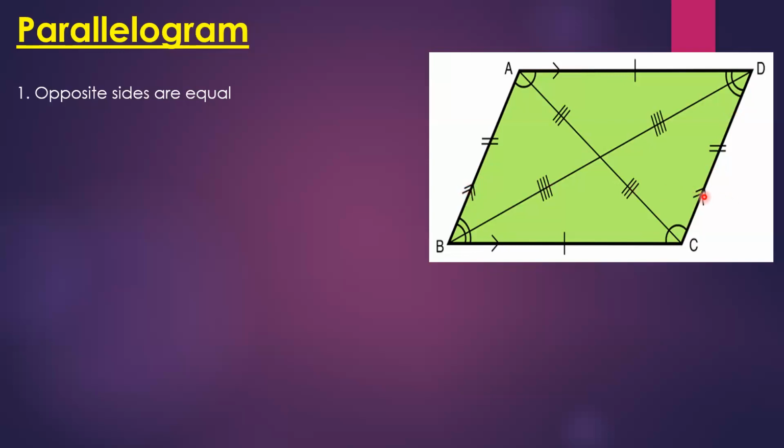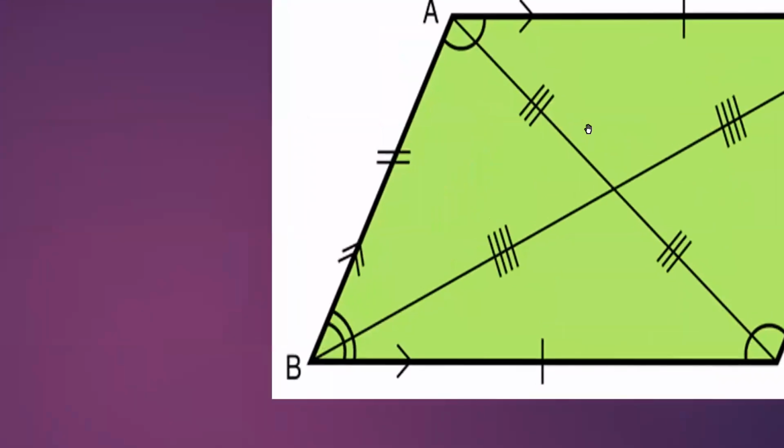Good. What shows that these lines here in the center are equal to each other? How do you know that each of these lines are equal to each other? There are lines on them. Now look at it. This line has 3, right?